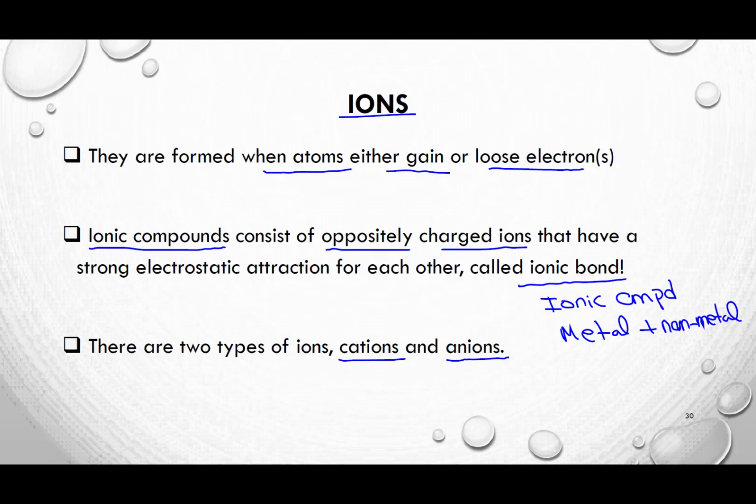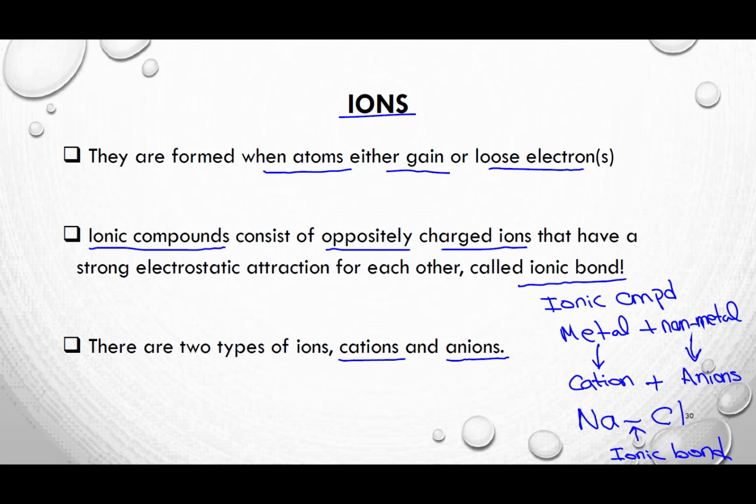The metal, as we discussed, always loses electrons and becomes a cation. The non-metal gains electrons and becomes an anion. And the bond that connects the two is an ionic bond. Let's go back to our sodium chloride. That bond is an ionic bond.